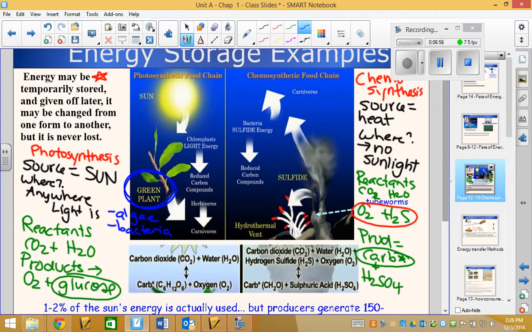I mentioned before, and here's the word, there are tube worms around hydrothermal vents, and on those tube worms are generally little bacteria that are going to perform this process. So the key difference, plants don't do chemosynthesis. Bacteria can do both, but plants, green plants, only do photosynthesis.